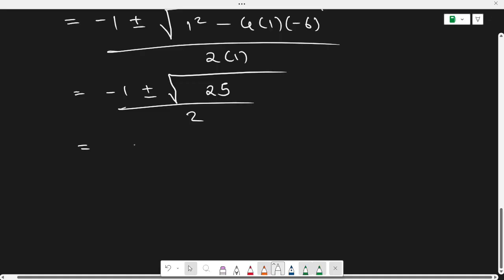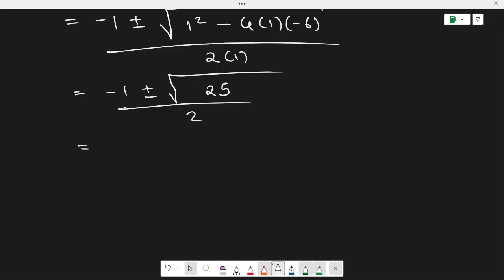and this is giving us negative 1 plus or minus the square root of 25, which is 5, and by dividing by 2.